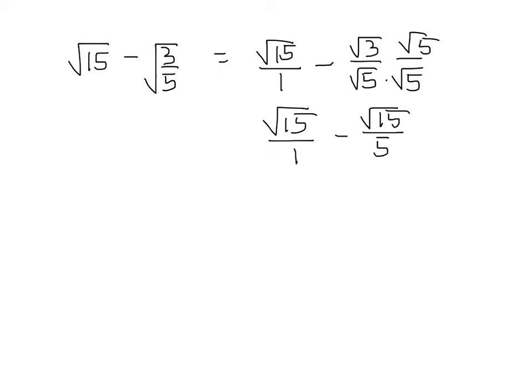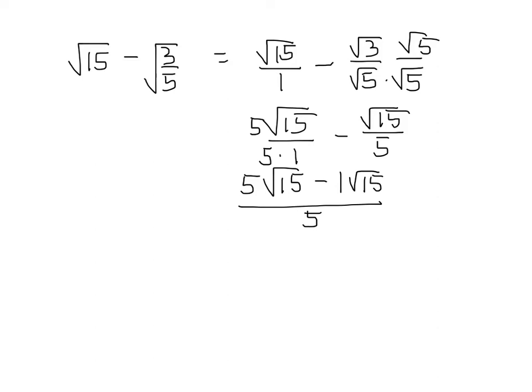Just like always, fractions need a common denominator. So I'm going to multiply the top and the bottom of this by 5, and I'm going to express the entire thing over one fraction bar. This is now 5 root 15 minus, and if I don't have a coefficient, remember that's 1 root 15 over 5.